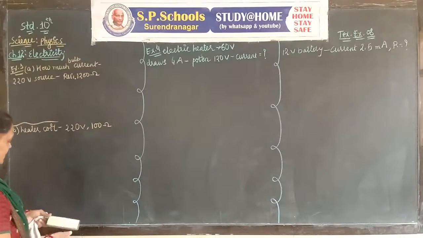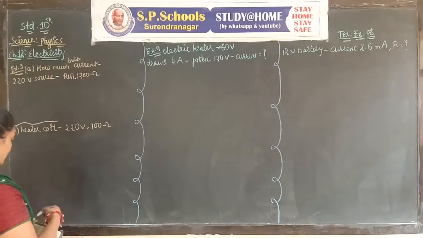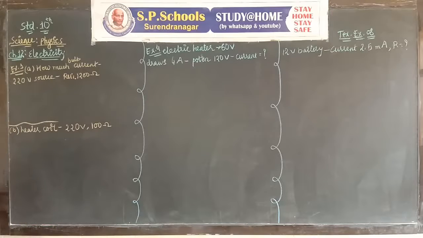First we take examples which were already solved in the textbooks, the illustrated examples. Example number 3. Here I can write in a short way, but you have to write in full information, and after the full information, you calculate the example. Otherwise you cannot remember them in long-term memory.